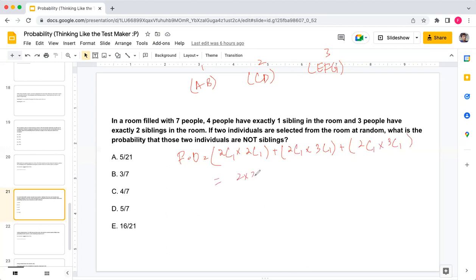These are 2 into 2 plus 2 into 3 plus 2 into 3. So this is 4 plus 6 plus 6, which is equal to 16.